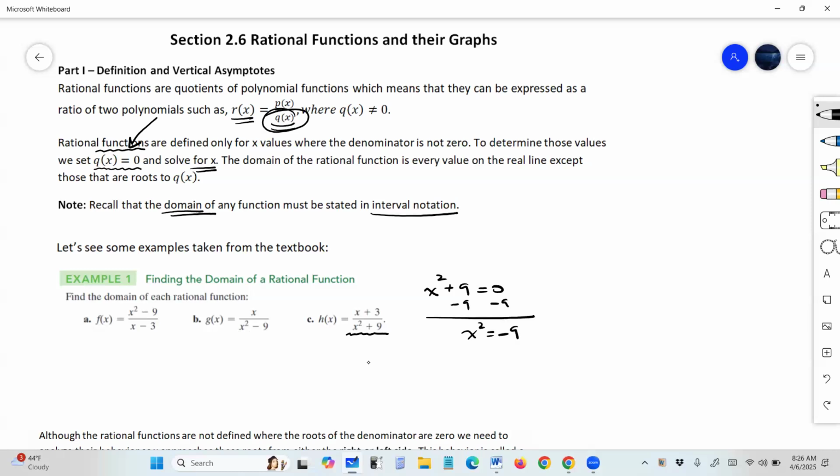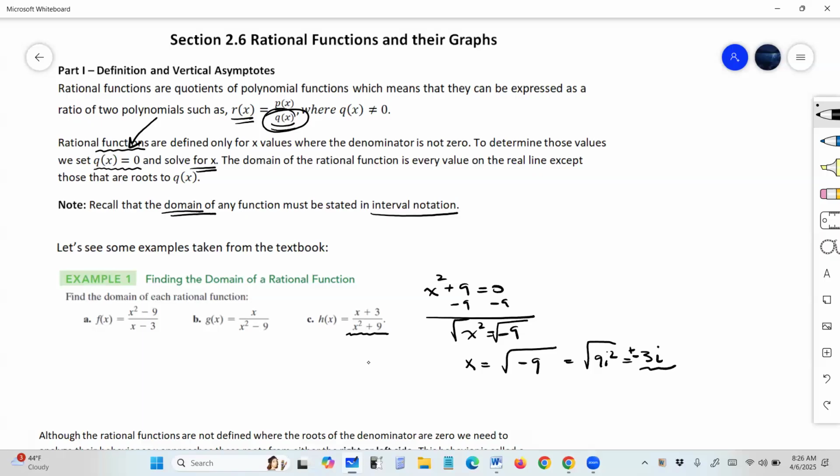And at this point, you probably should be able to see that if you take the square root of both sides, you get x here, but on the right side, you get the square root of -9, which is 9 i squared, imaginary, which is plus or minus 3i.